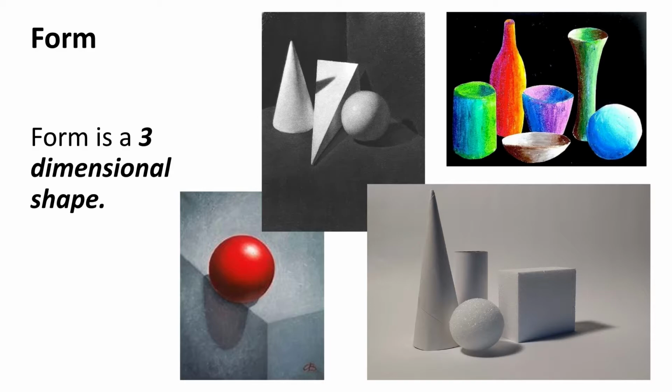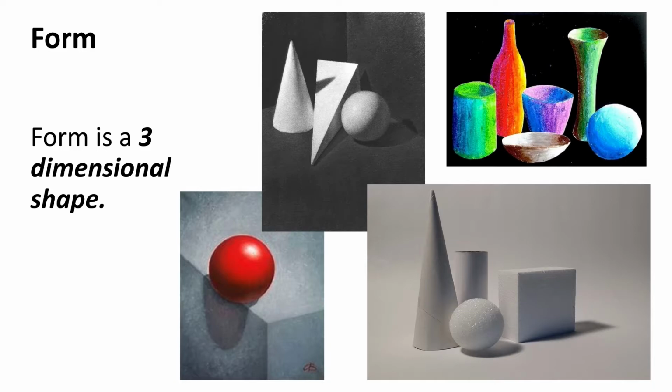That is, it looks like it's going back into space, or I can see that this is an object that isn't flat. And if you look at the left-hand top image, you can see a cone, and you can see the way the artist has used what looks like pencil here, in a way to make it look like it's actually a cone shape and not just a triangle.